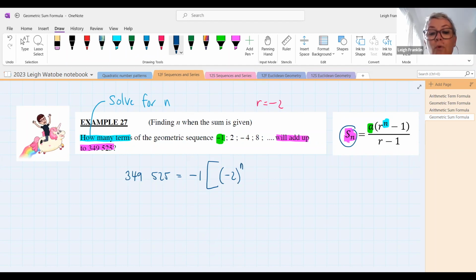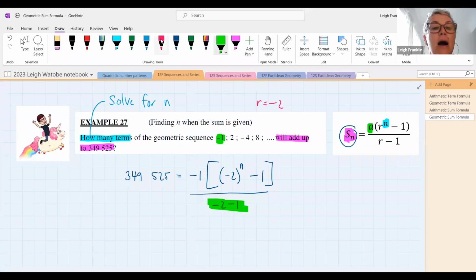We are solving for n, our exponent, -1, the rest of the formula, over R - 1, so that's -2 - 1, like so. Okay, so here I have just subbed in. The value of my denominator over here, -2 minus 1 is -3.